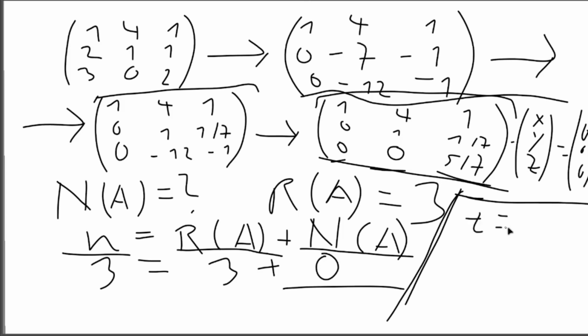So z will be 0. And then I proceed to the second row. Then it will be y plus 1 over 7 times z equals 0. But z is 0, so y will also be 0. And then x will go the same way, so x will also end up being 0. So we will have 0, 0, 0, the trivial solution.